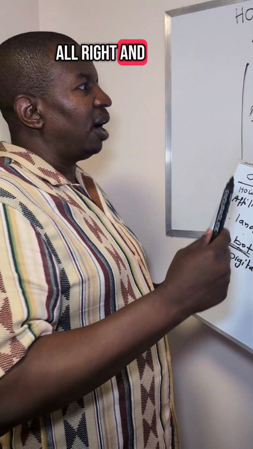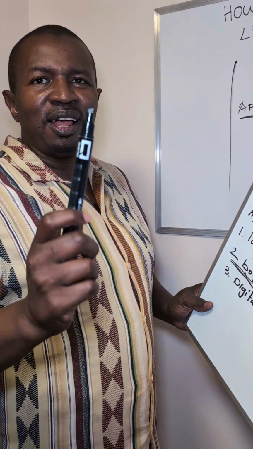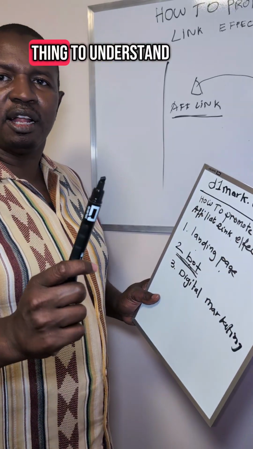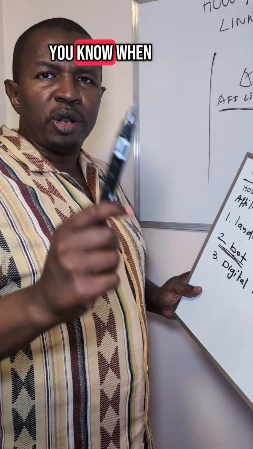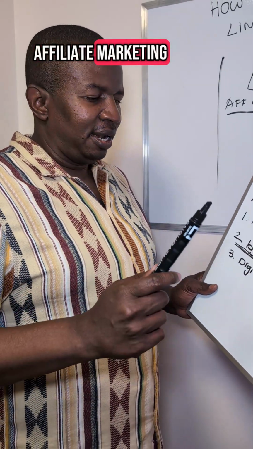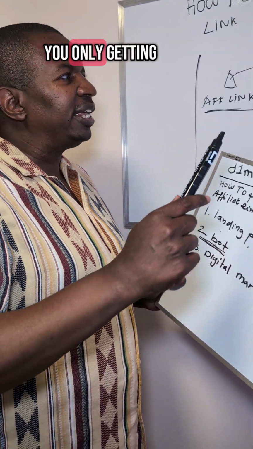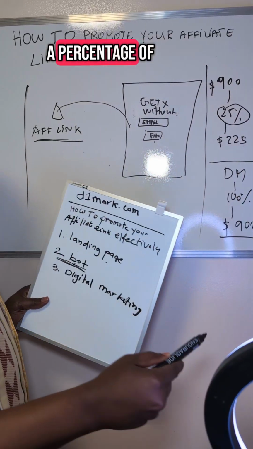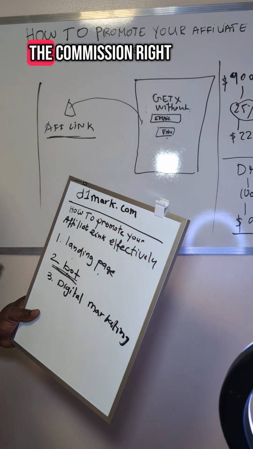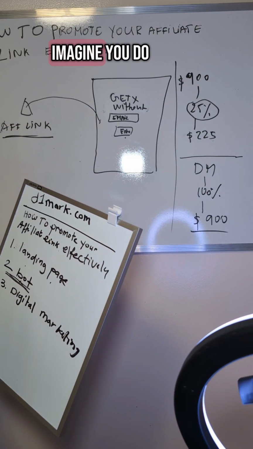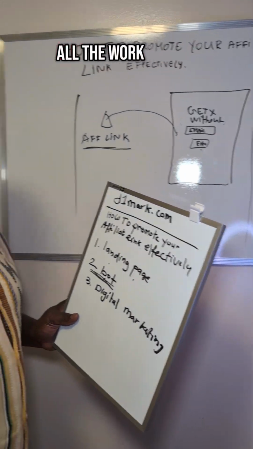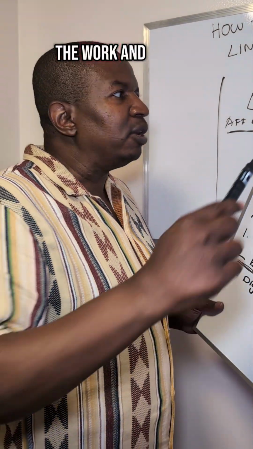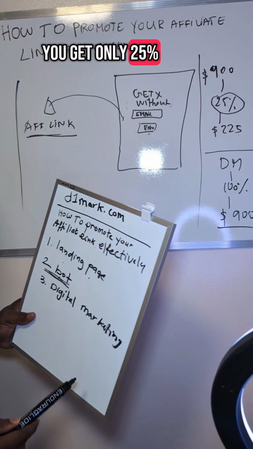All right, and also there's one important thing to understand. When you are doing affiliate marketing, you only get a percentage of the commission, right? Imagine you do all the work and you get only 25%.